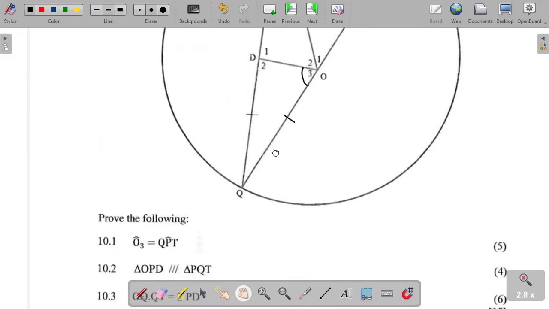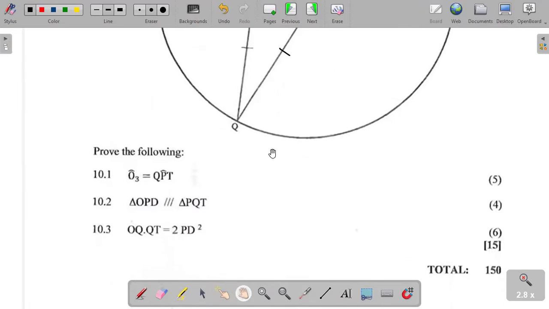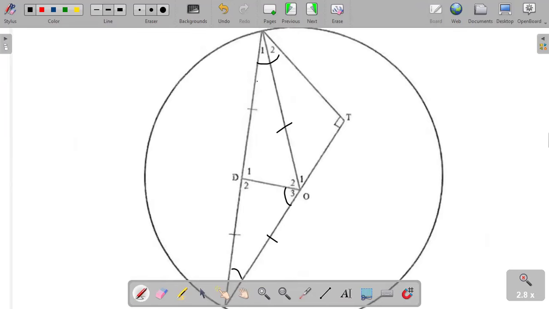And then what else do we know? If they are like that, then it means that this angle, because those are the angles opposite equal sides, will be equal to that angle, isn't it?